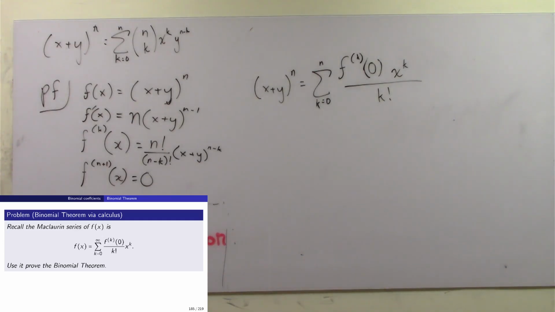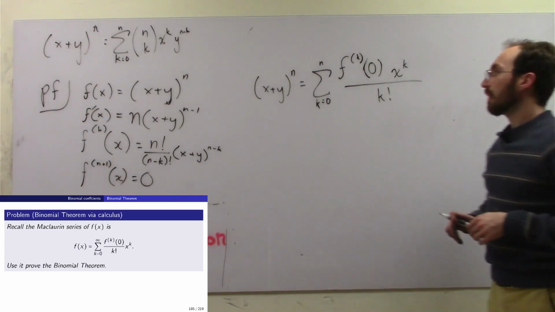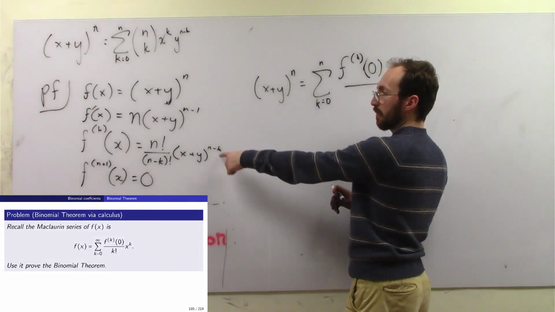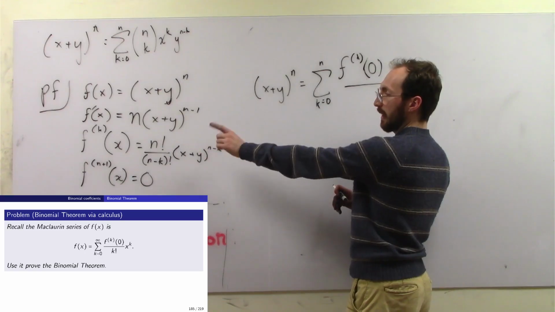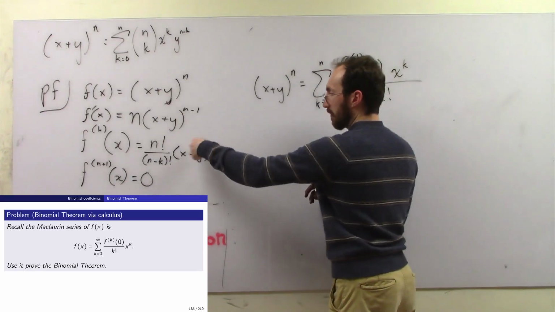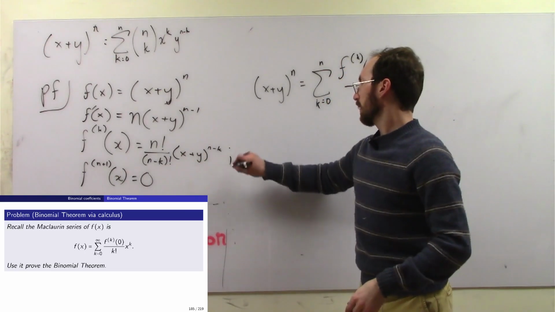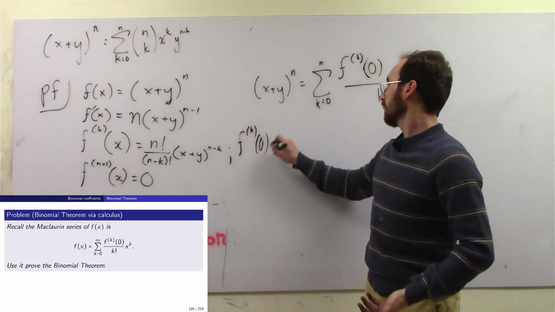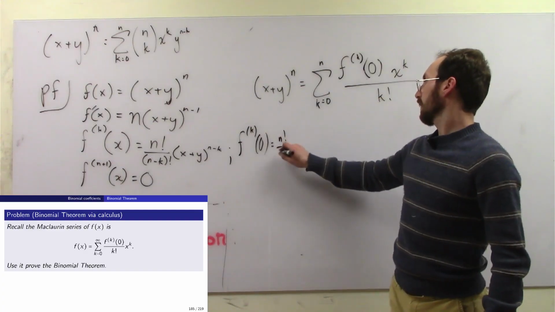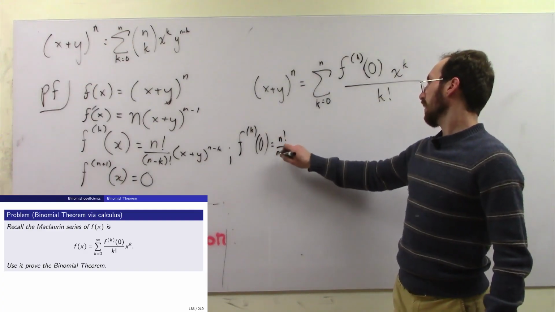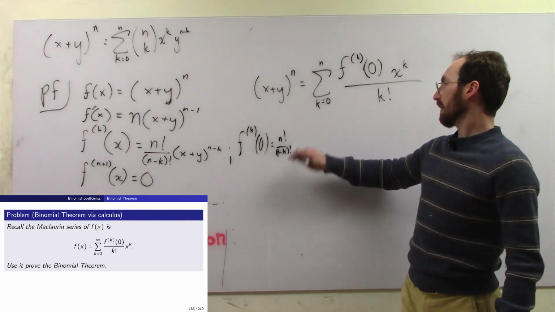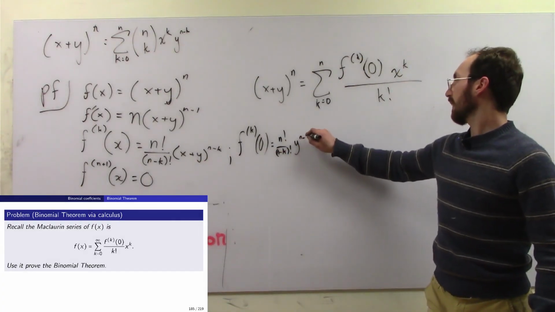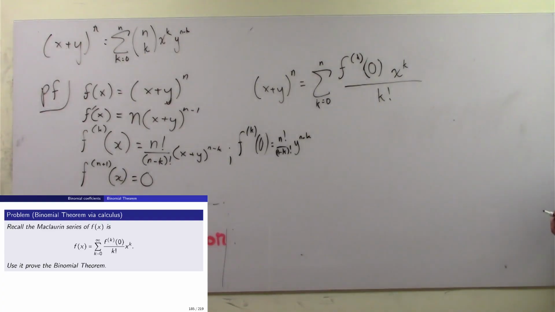So let's use this information we have. We have our kth derivative being n factorial divided by (n minus k) factorial times this whole thing. That at 0 is going to be the same constants, but x is 0, and we're left with y to the n minus k.